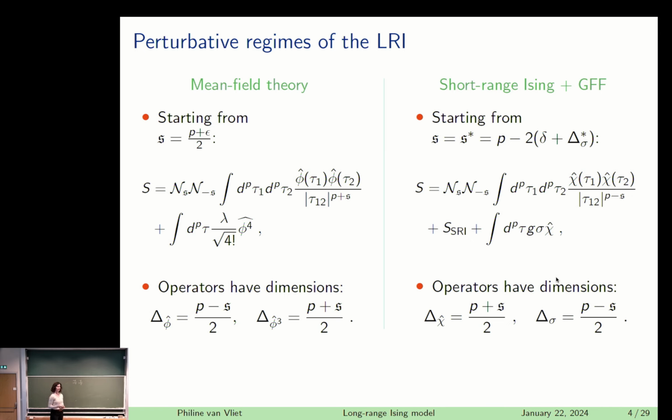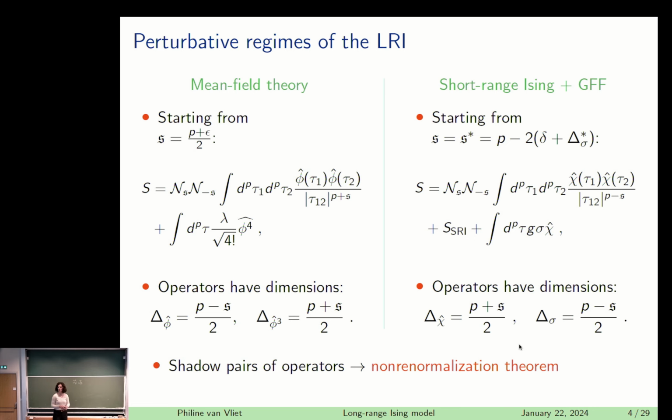So later on, when we do numerics, we will have comparison with both ends of the perturbative spectrum, but the results should be valid along the whole range of S. In this case, the two operators also do not renormalize and are given by these fixed values for each power of delta that we do perturbation theory in.